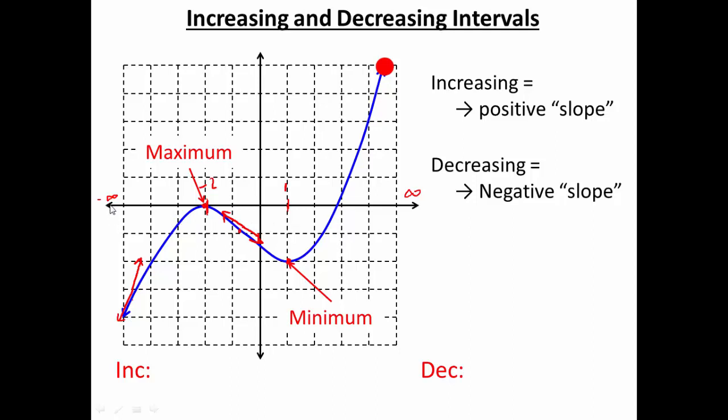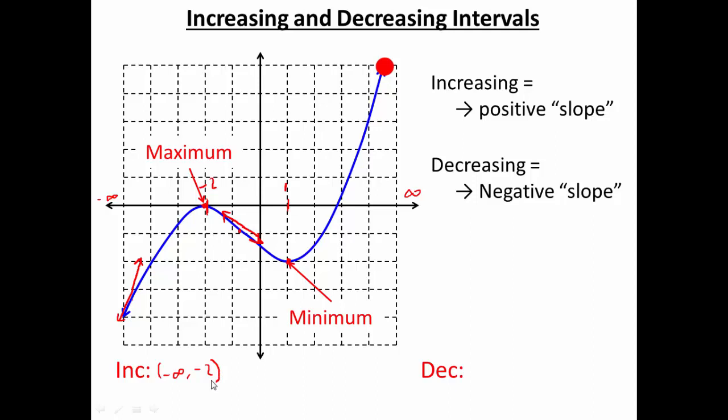My increasing would go from negative infinity to -2, always a parenthesis on the infinity. Now, when we're talking about increasing and decreasing, technically -2 is an included value in the graph, but you can't really say it increases at -2. So when we're talking about increasing and decreasing, I don't really worry about brackets. I only ever use parentheses because it doesn't make sense to say something increases or decreases at a point.